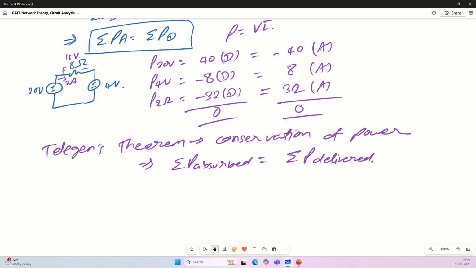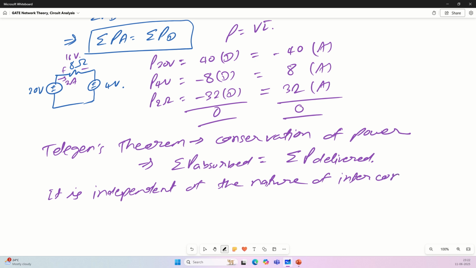So this is my Tellegen's theorem, and it is also independent of the nature of interconnection. Got it? So this was all about Tellegen's theorem.